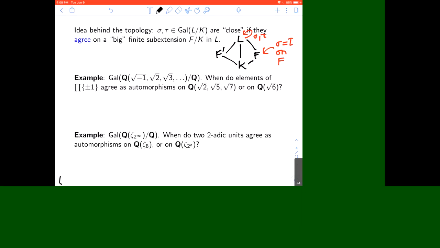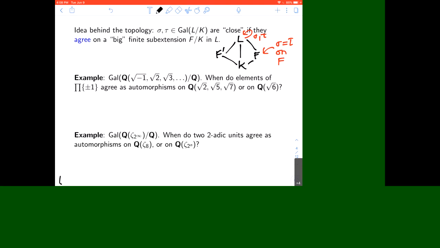So let's take a look at the examples that we had from before, adjoining all the square roots. And we saw that the Galois group is just using plus or minus signs on the independent square roots of -1 and the square roots of the primes. All the other square root behavior, like root 10, root 105, is all determined by what happens to the square root of the primes and square root of -1.